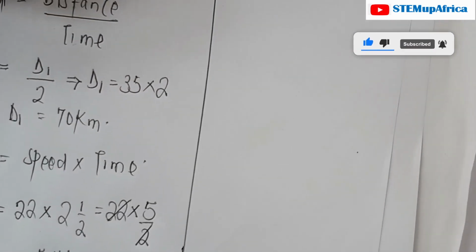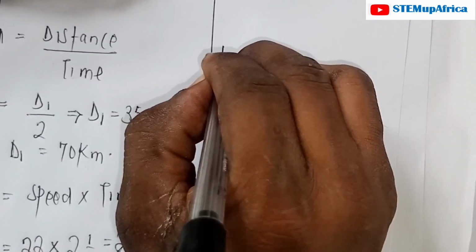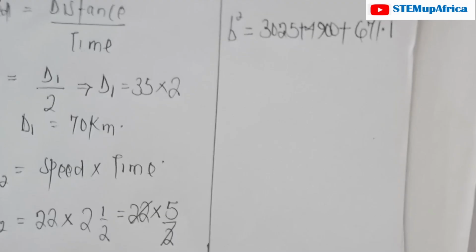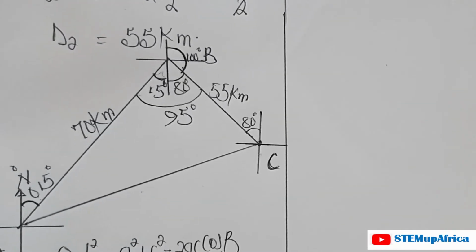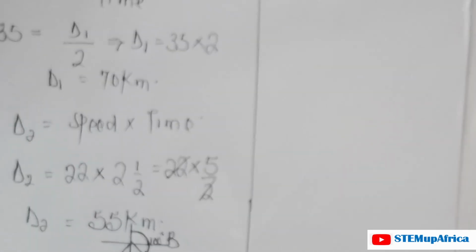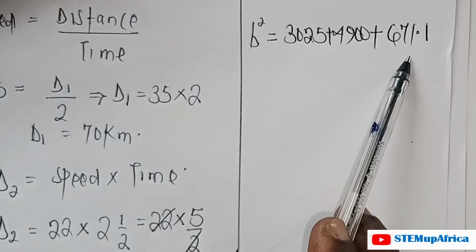So let's see what that gives us. If we multiply this by this, we are going to have 671.1.